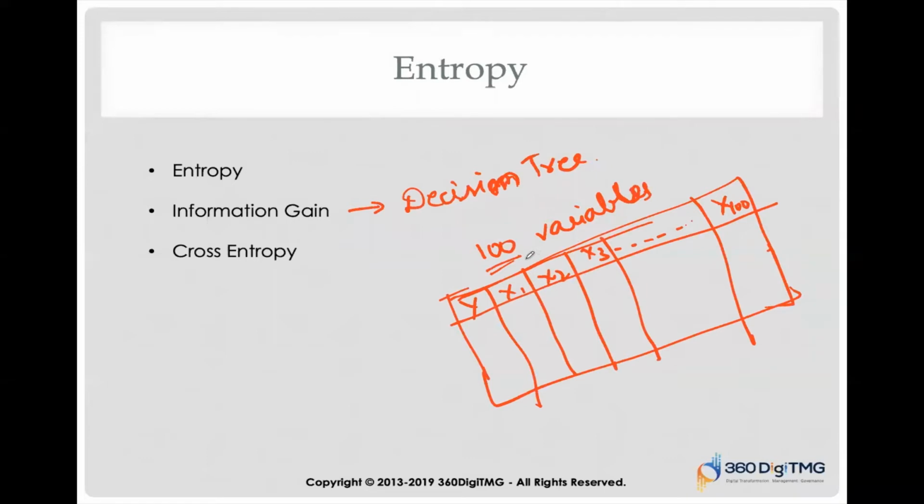So you might want to look at the information contained in each and every variable. You wanted to find the information gain of all these variables, and ultimately you figured out that 20 of these variables capture 80% of the information. So you will rather include only those 20 input variables which have maximum information gain. And then we have cross entropy. We'll discuss these in a bit from now.